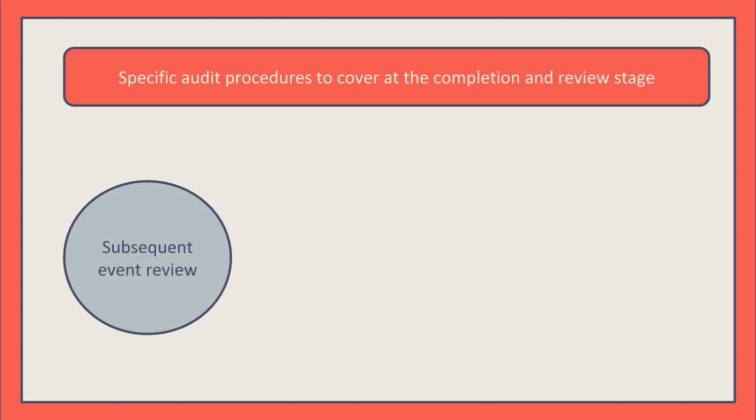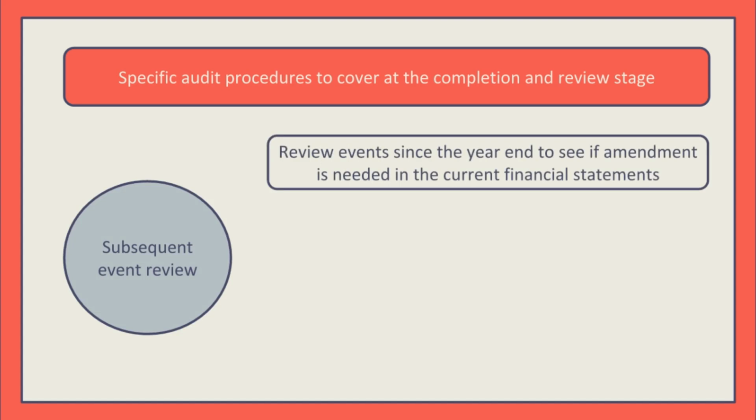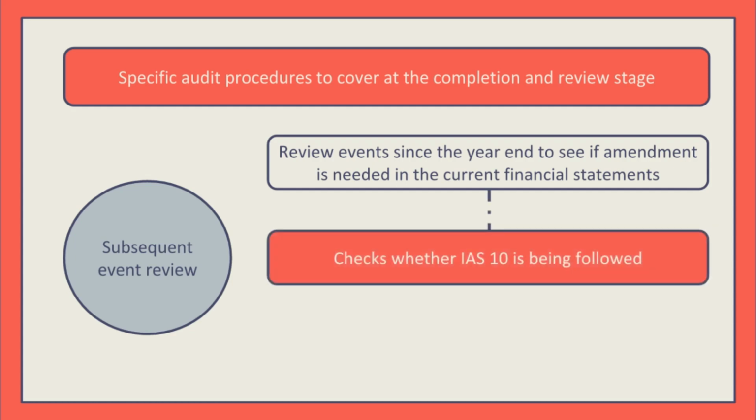Subsequent event review is one of these areas to cover. This is where the auditor reviews events that have occurred or come to light since the year end. They must consider whether there should be amendments made to the financial statements. This process reviews whether the accounting standard IAS 10 has been followed correctly by the entity.